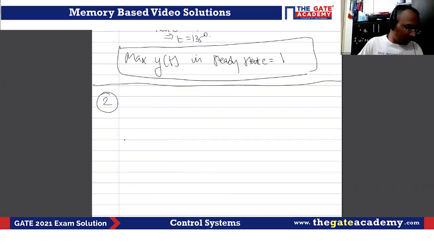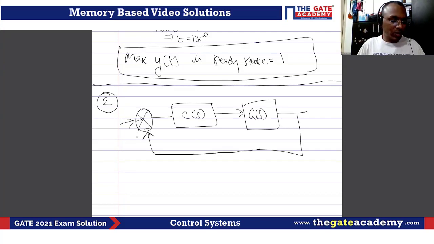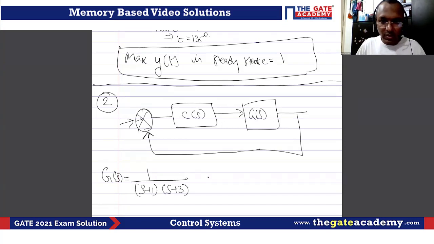Next problem is much more interesting. Let me pick the problem. You have a C of S and a G of S, and it's a unity feedback system. It's given that G of S is equal to 1 by (S plus 1) into (S plus 3).